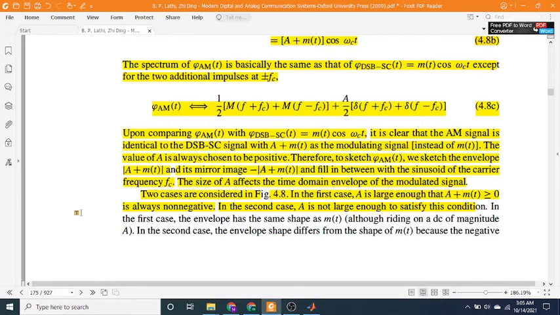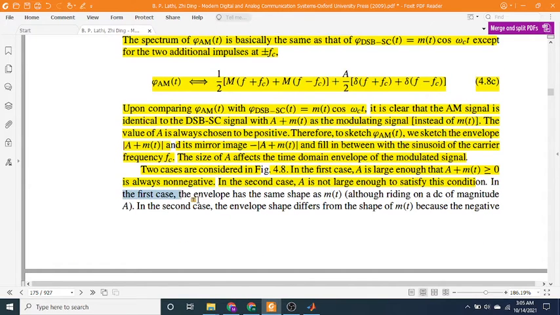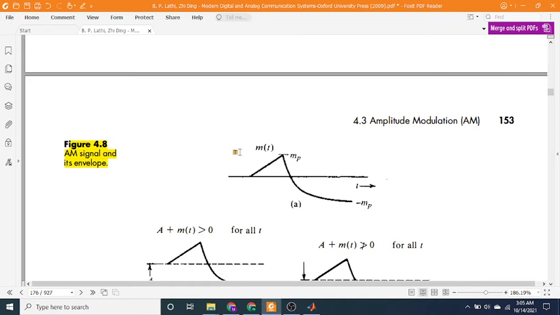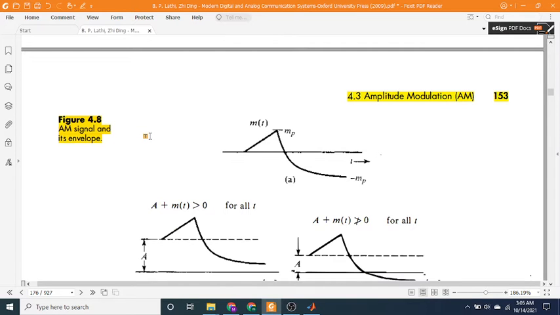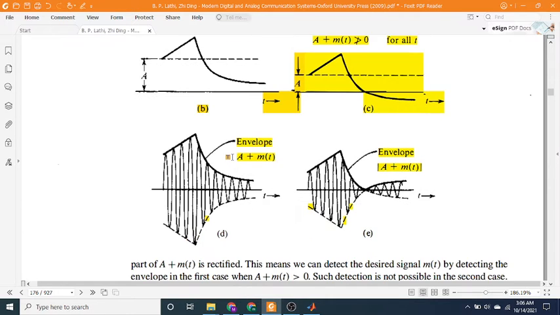AM signal and its envelope A plus MT greater than O for all 1. (4.3 Amplitude Modulation AM 153) A plus MT greater than 0 for all I. B. One T equals 1.